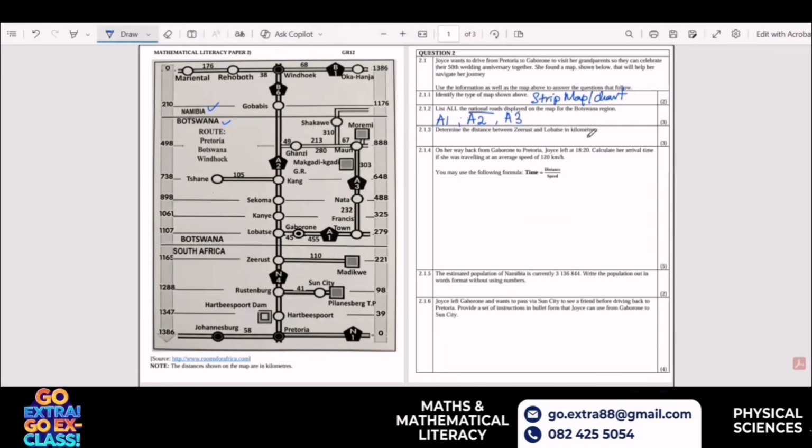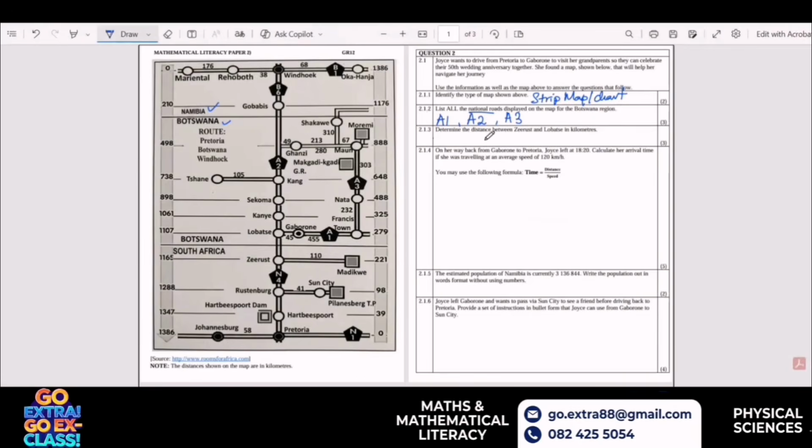So that is your 3 marks, that's where it's going to come from. But if we're talking about South Africa, definitely it's going to be N1 and N4. These are the national roads that you see here. But if they're talking about Namibia, there's B1 and B6. Those are the national routes that are found in Namibia.